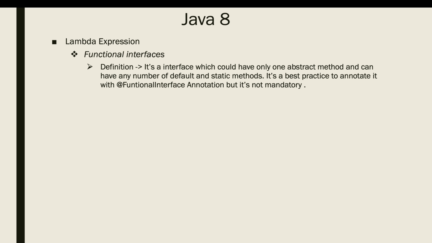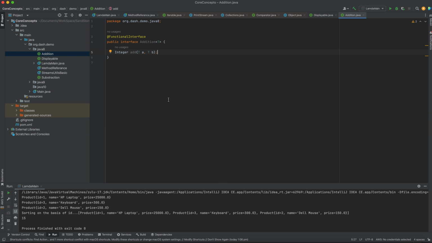To make an interface a functional interface, the only mandate is that it must have one abstract method. For good practice, one could demarcate a functional interface with the @FunctionalInterface annotation, but that's not mandatory. Now, let's look into a functional interface that we have, and let's understand various concepts of it.